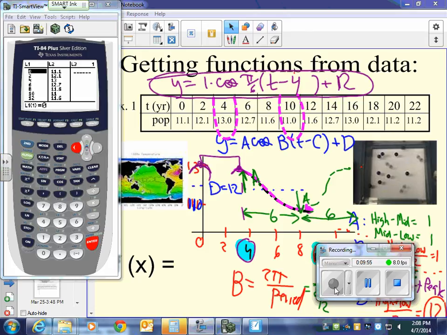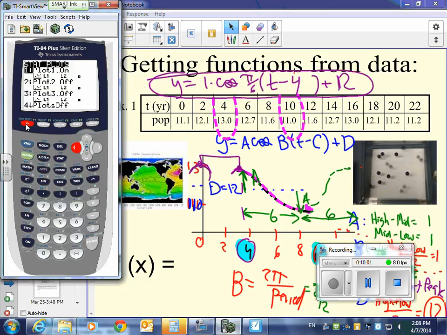Once you have all of the data put in, you go to second y equals, and you should see number one, stat plot should be on, and it should say X list L1, Y list L2. If you play video games on your calculator, sometimes this gets advanced to L3, so change it back to L2.